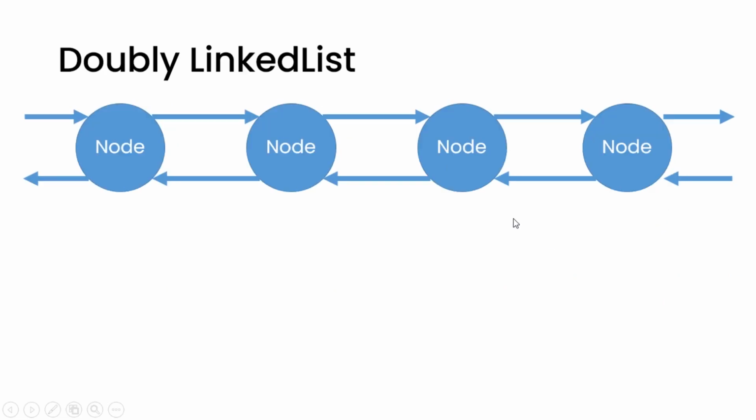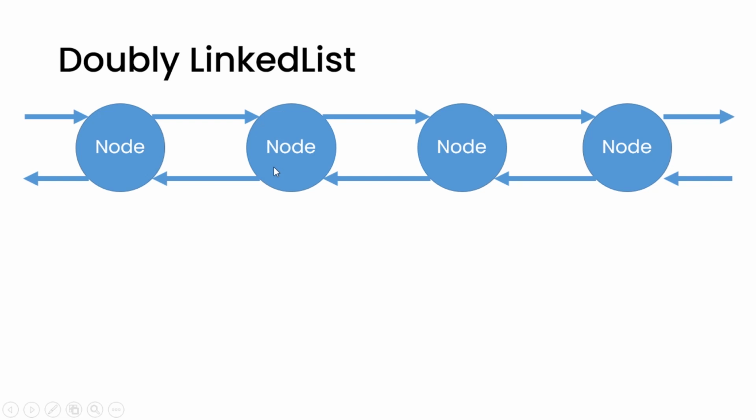So how does a double linked list look like? A double linked list looks like this. We can go forward and we can go backward. The first node at the beginning has no previous element, and you can go forward to the next element.